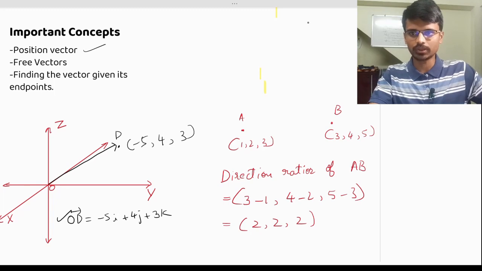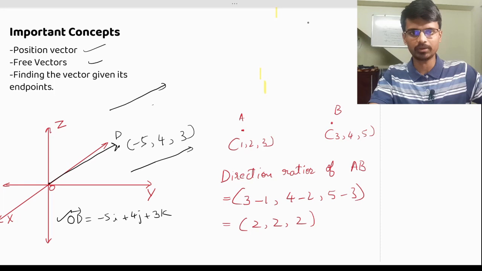Next, coming to the concept of free vectors. What are free vectors? Say I have got this OD vector. Keeping its magnitude and direction same, I can move this OD vector anywhere. I can give it parallel displacement. I can keep it here, I can keep it here. My magnitude should be same. This is just approximate.